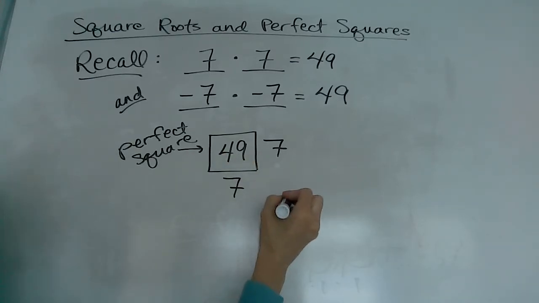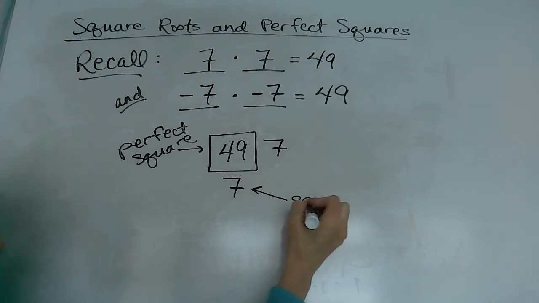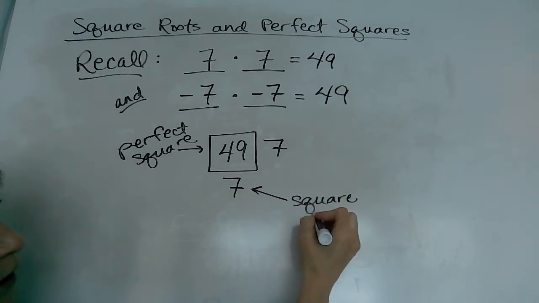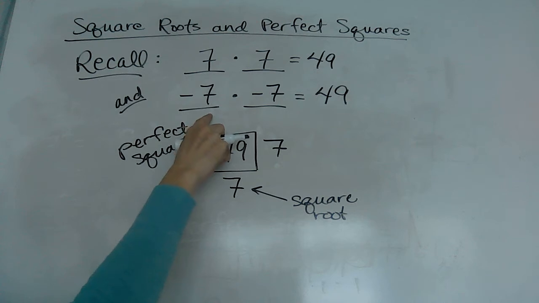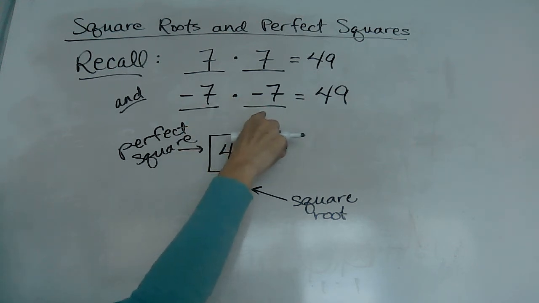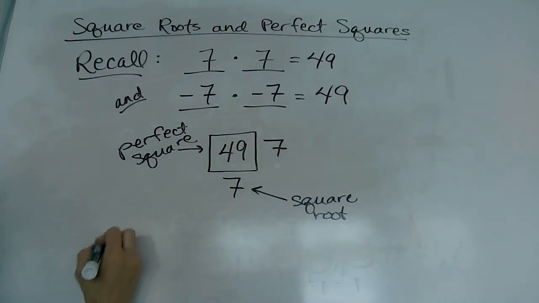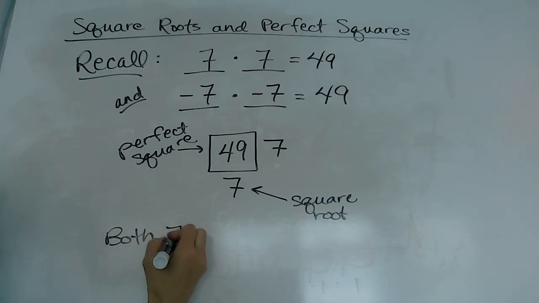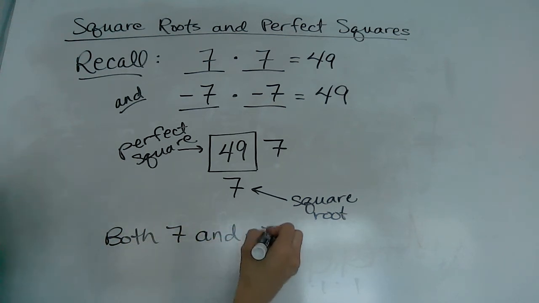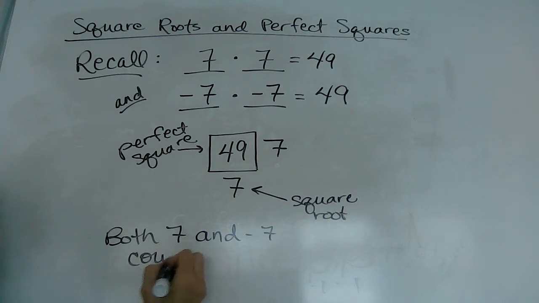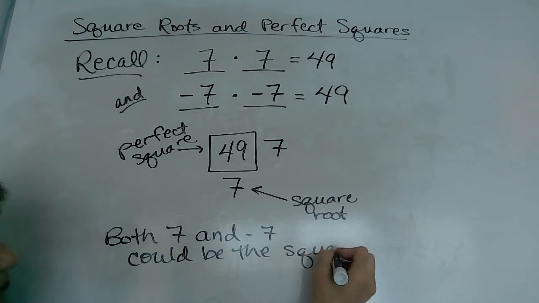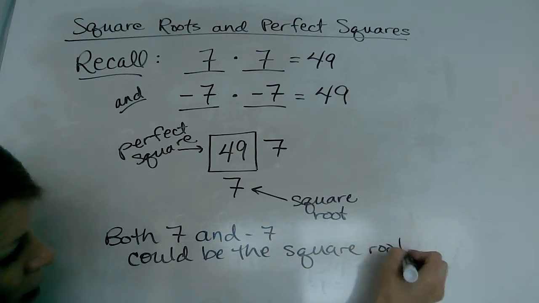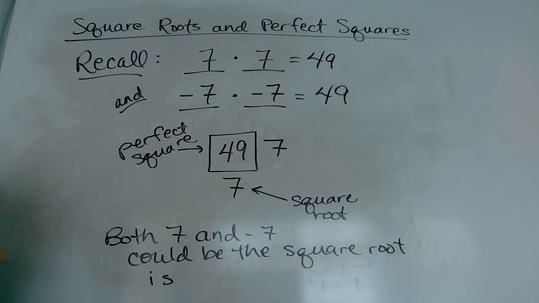So these side lengths in the square are called the square root. But you do need to recognize that we could also have a negative square root because a negative times a negative gives us a positive. So both 7 and -7 could be the square root of 49, how 49 is formed.